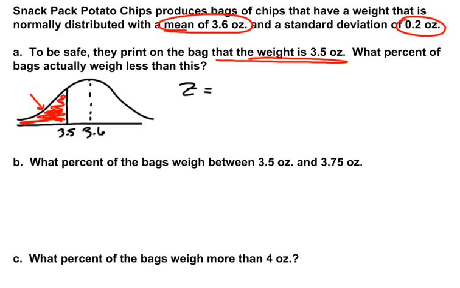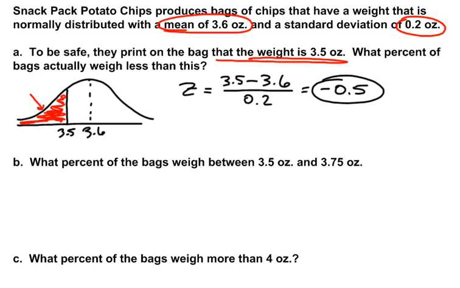So our z, again, is going to be x minus mu divided by the standard deviation. In this case, x is 3.5. We're using mu as the mean, so that would be 3.6, and our standard deviation is 0.2. So when we subtract all this out and divide, we get a z-score of negative 0.5.